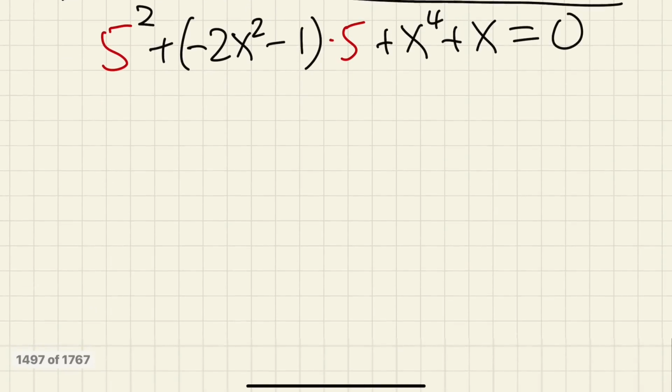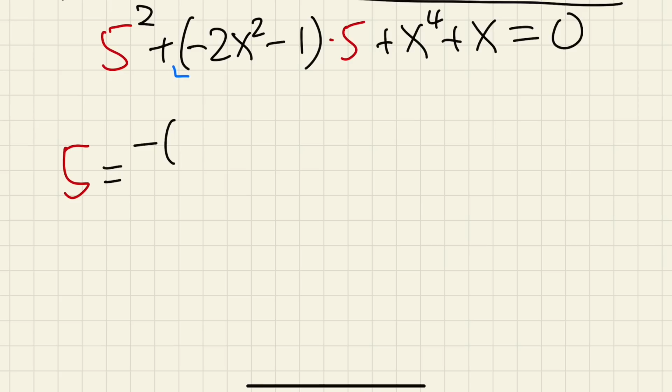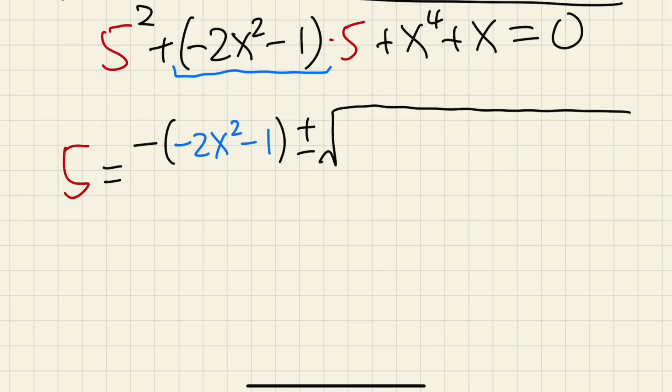Now, ladies and gentlemen, quadratic equation in terms of 5. Let's use the quadratic formula. It works. 5, the input, is going to be equal to negative b, which is the coefficient of the 5. So let's write that down. And then plus or minus, still do the same thing. Square root of b squared.